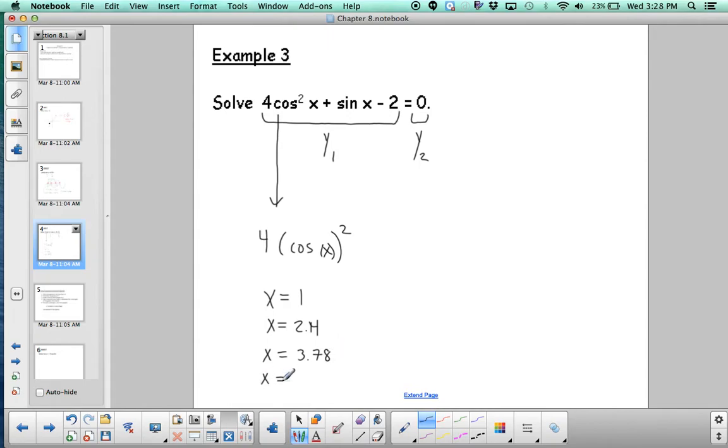And then the last one was at about 5.65. Okay? And so for each of those, we want to add 2 pi k to give the complete solution set. So again, this means that there are infinitely many solutions. And we know again that k is any integer.